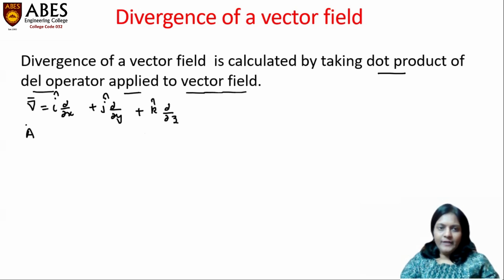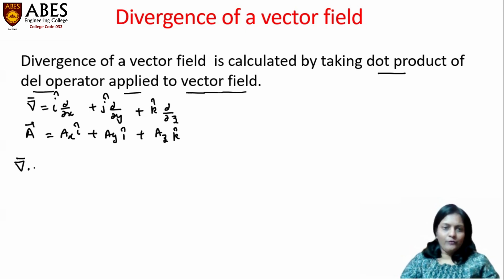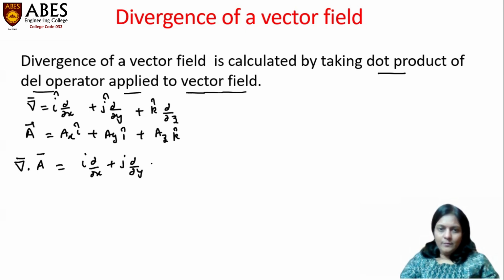Let the vector field A be ax i plus ay j plus az k. So the divergence can be taken by the dot product of the del operator and the vector field.